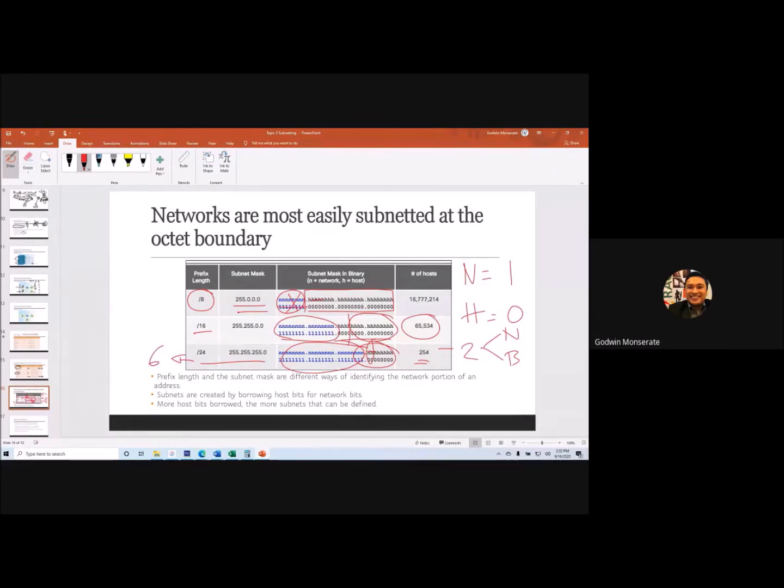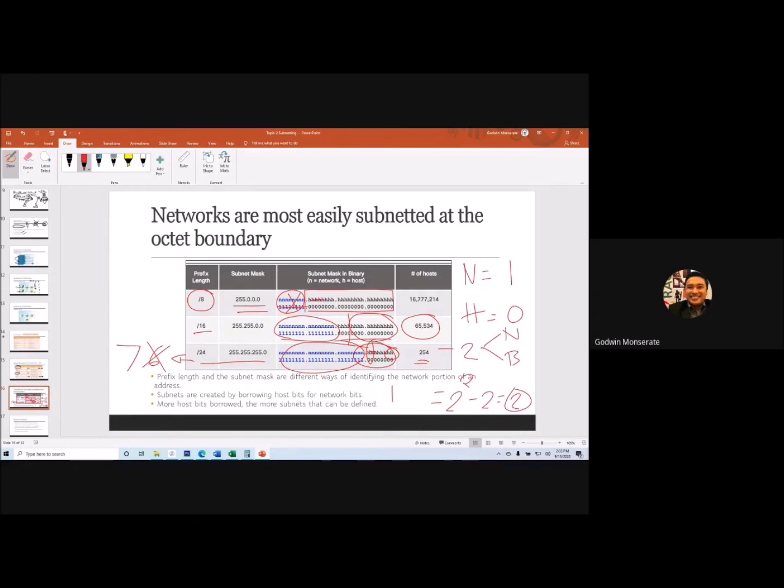Why? If I leave 2, that means 2 raised to the power of 2 minus 2 can give me 2 hosts. You get the point? 2 raised to the power of 2 is 4, minus 2 is 2. If I borrow 7 instead of 6, only 1 bit is left.